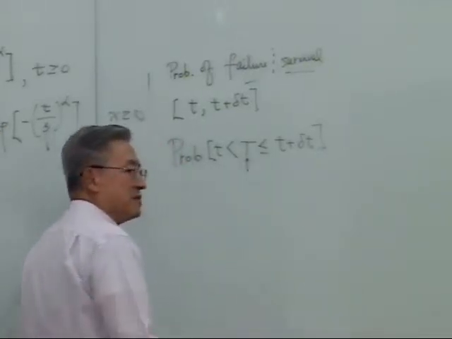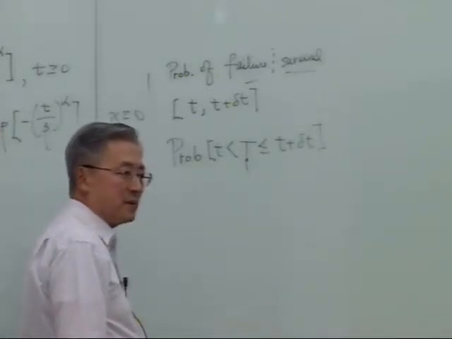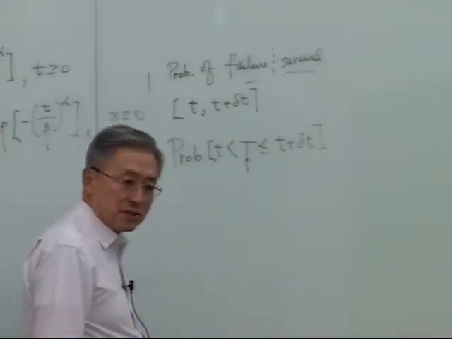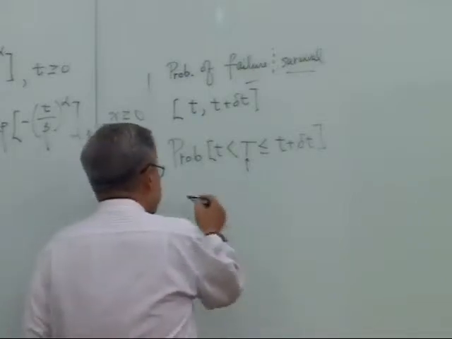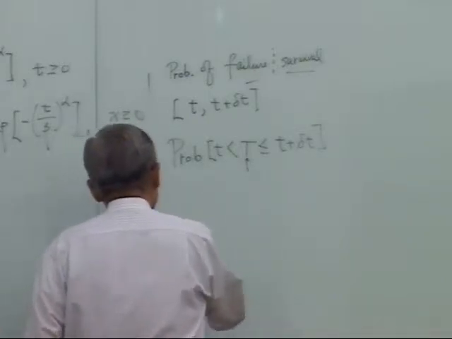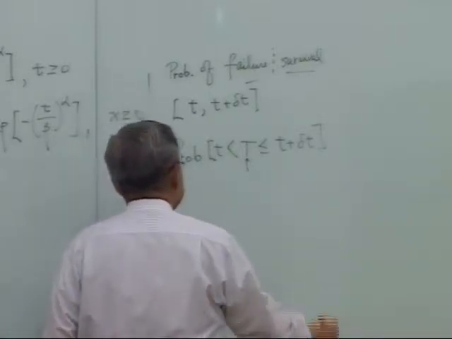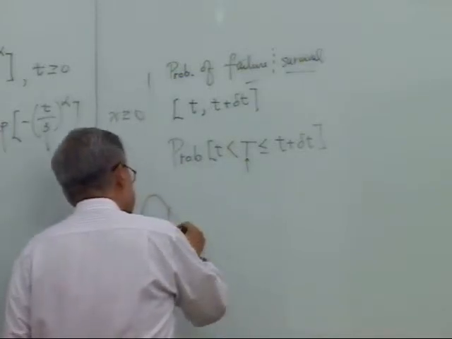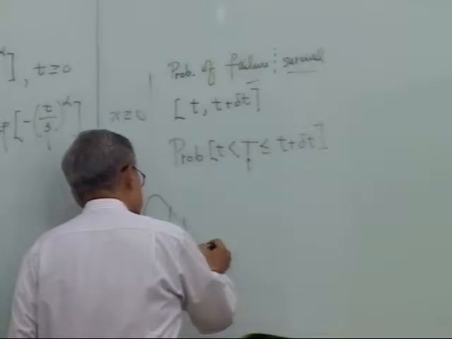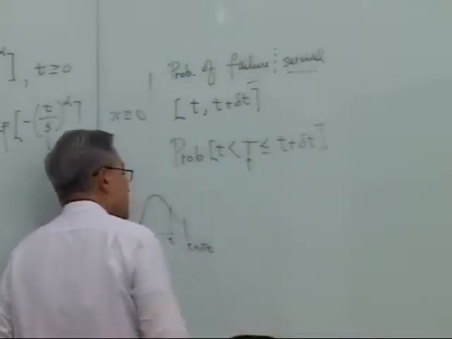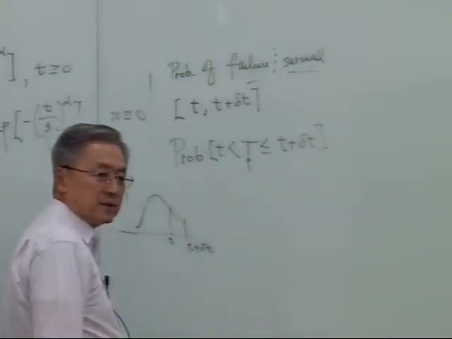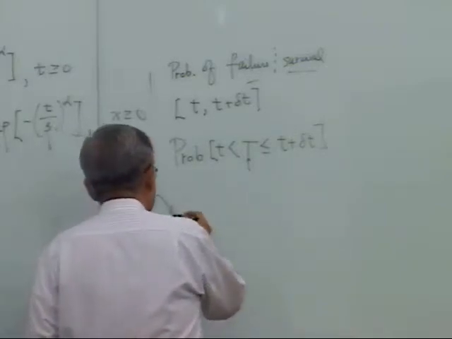Then you've got to get the probability density function of t. Here is the probability density function, from t to t plus delta t.